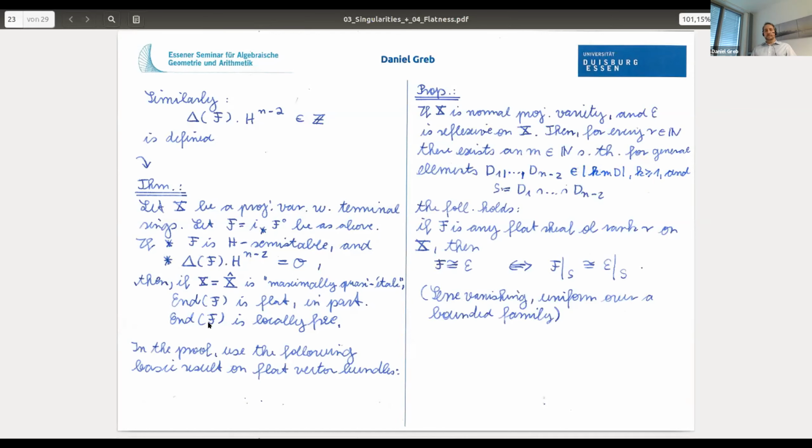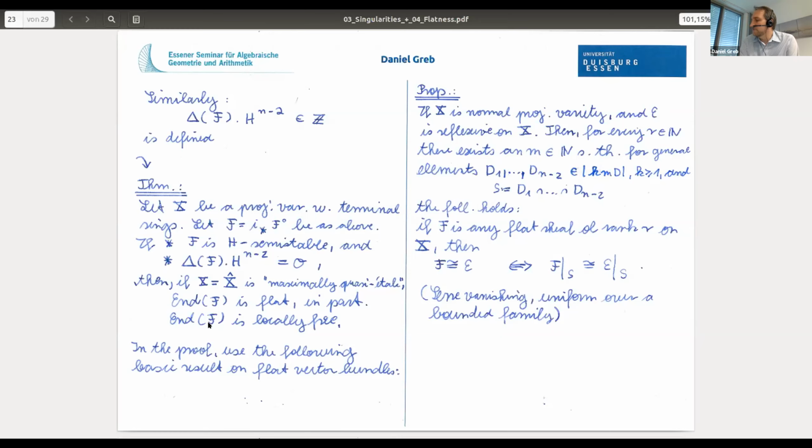And in the proof, we're going to use the following basic results on flat vector bundles, which in fact has nothing to do with flatness, but just with boundedness. As you can imagine, I want to cut down to surfaces and then prove something there.